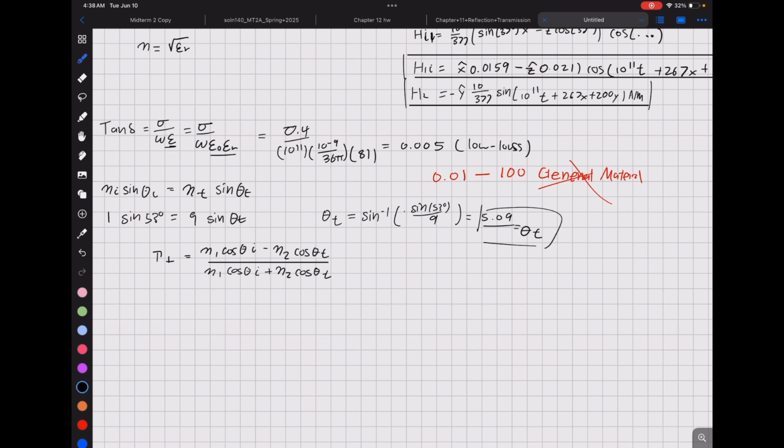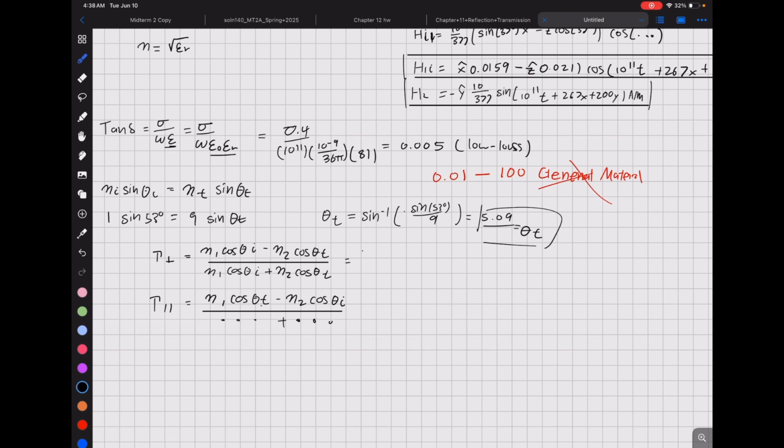The only difference is that they add each other. So for gamma parallel, it's going to be the same thing, but n of 1 cosine of t minus n2 cosine of i. Only the thetas swap, and on the bottom is going to be plus, and the same thing is reflected down there.